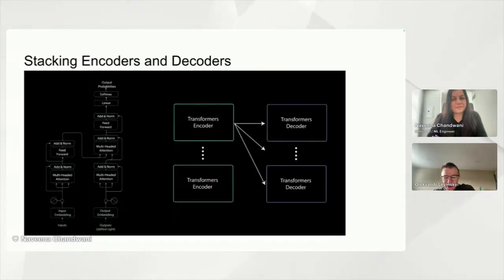I think a couple of quick questions. If I recall correctly, you mentioned that sometimes the encoder part can be dropped. So can you just remind me in what cases that happens?